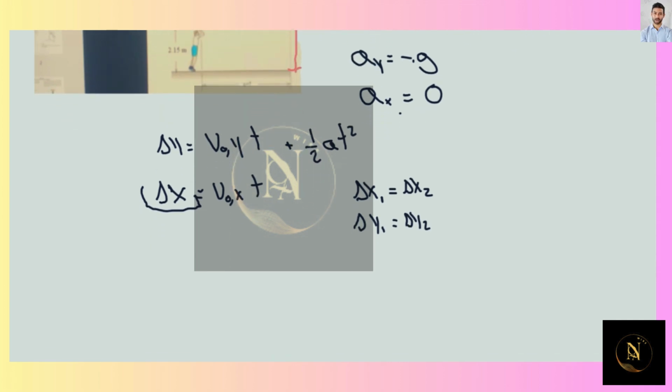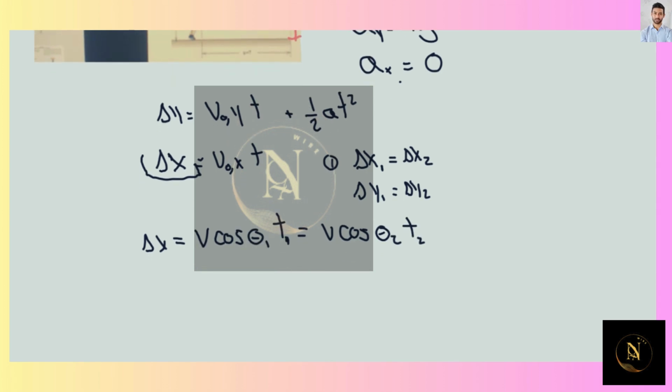So from the first condition, delta x, the x projection of velocity, is going to be equal to the initial velocity times the cosine of theta 1 times t1, and that needs to be equal to velocity times the cosine of theta 2 times t2 for the second shot.